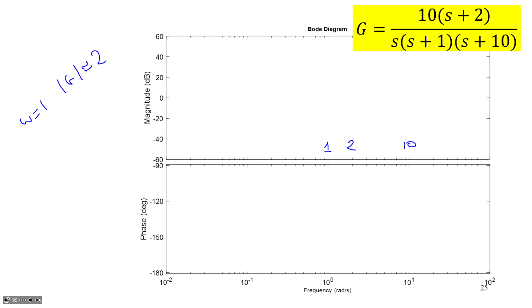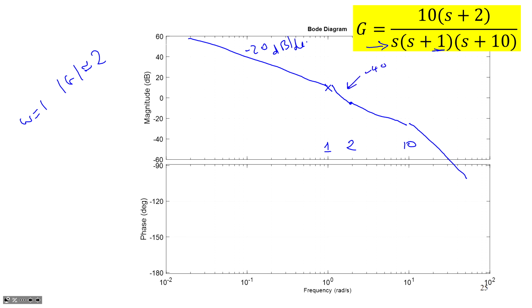So I can pin my asymptote at that value, which is 6. For low frequencies, I've got minus 20 decibels per decade, and I can see that because of this integrator, this 1 over s. I then go through a pole at 1, so the slope goes down to minus 40. I then go through a zero, so the slope goes up to minus 20, and another pole, so it goes to minus 40. So the slopes are minus 40, minus 20, minus 40.